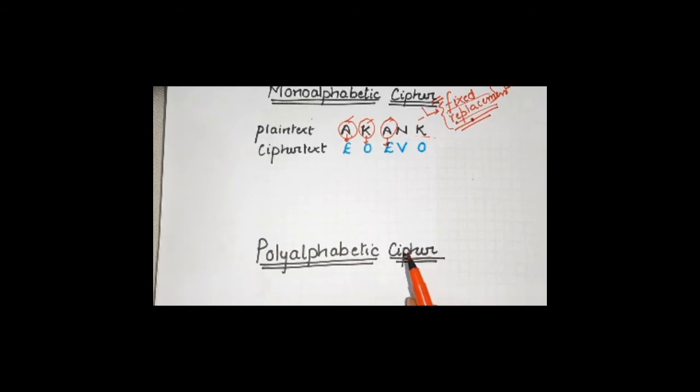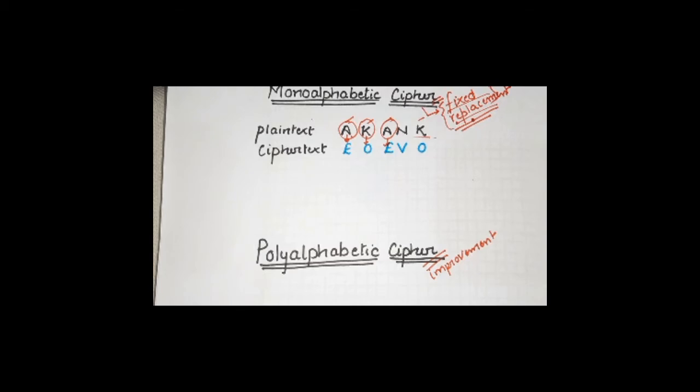It's not going to have the same ciphertext. That is called a polyalphabetic cipher. Definitely polyalphabetic cipher is an improvement. An improvement over what? An improvement over the simple monoalphabetic technique idea.